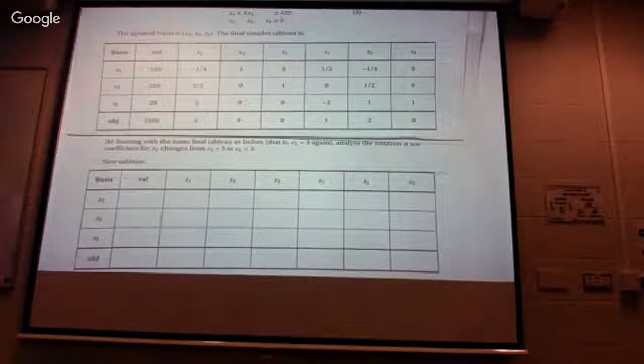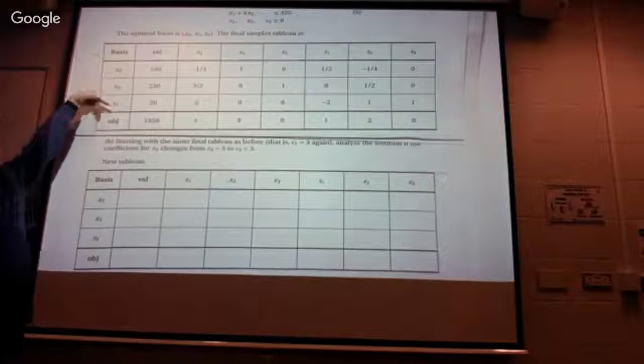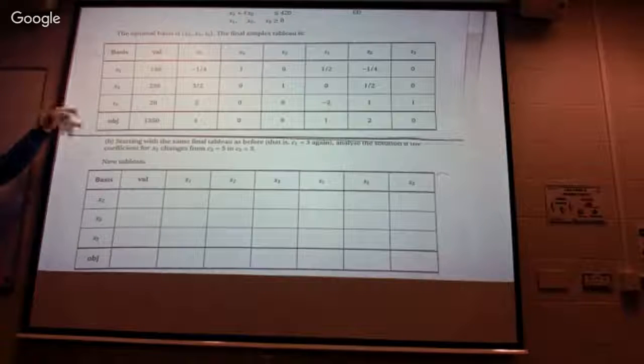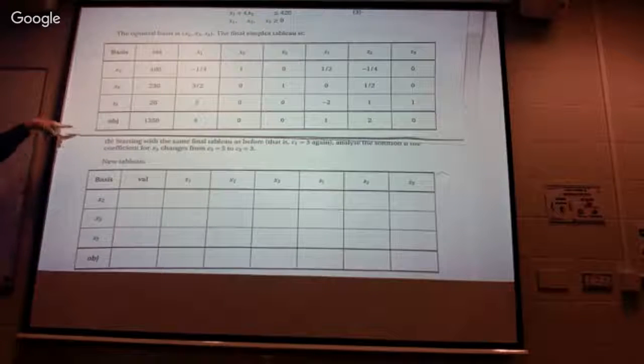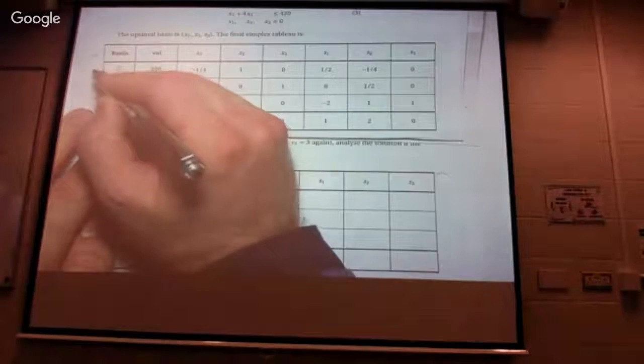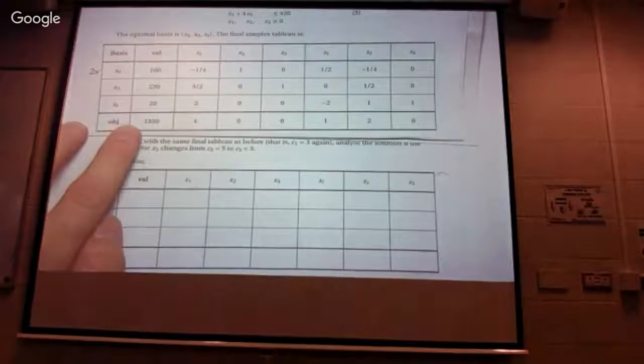This was the first thing we were doing today when we were solving the exercise from last week. We firstly constructed the whole top part of the Tableau, and then from that we were doing the objective. Remember? So what's the coefficient of x2? 2 in the objective, so it's 2 times this. What's the coefficient of x3? 5. Okay, so it was 5 times this. And s3 is 0 times this.